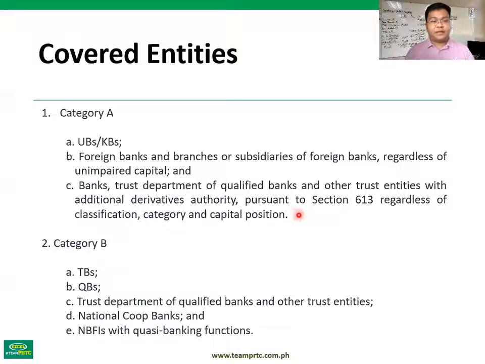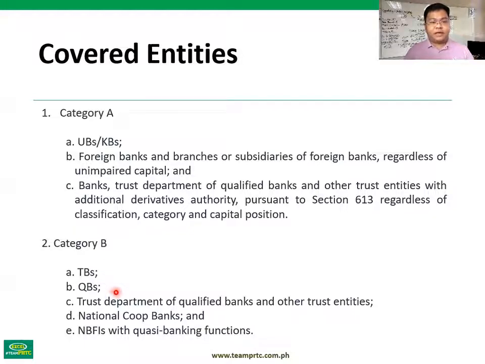And finally, last one under Category A, we have trust departments of qualified banks and other trust entities with additional derivatives authority, pursuant to Section 613, regardless of classification, category, and capital position. And then we have Category B. Category B includes, letter A, thrift banks.